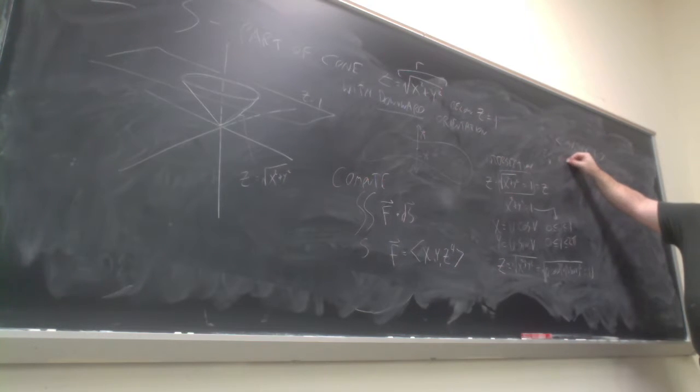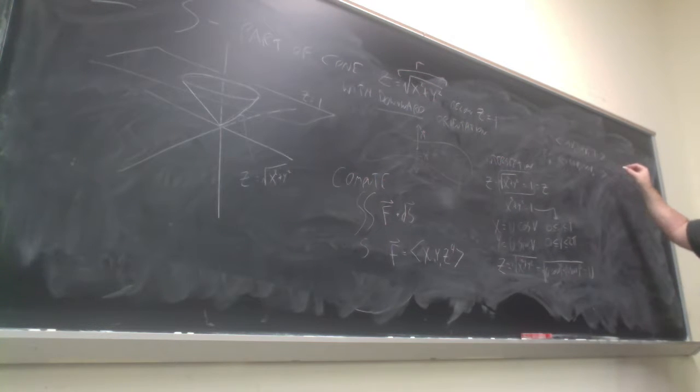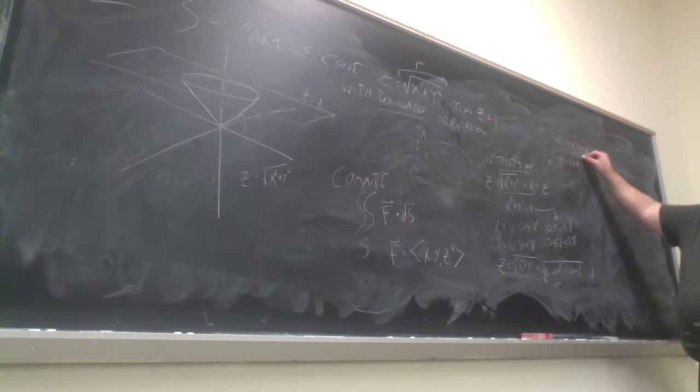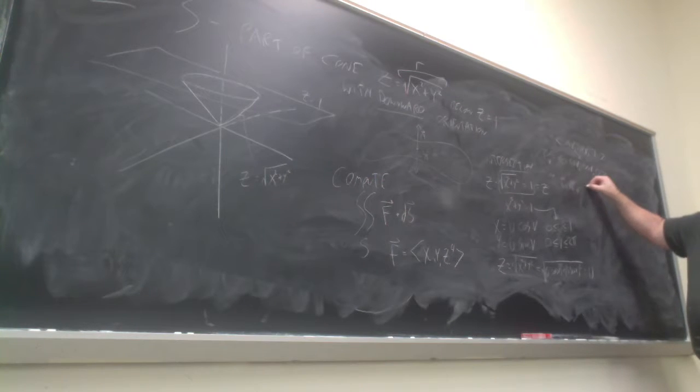Negative u sine v, u cosine v, and 0, because z does not depend on v at all. Okay, now you take the cross product of these, so your normal vector, which is ru cross product rv.